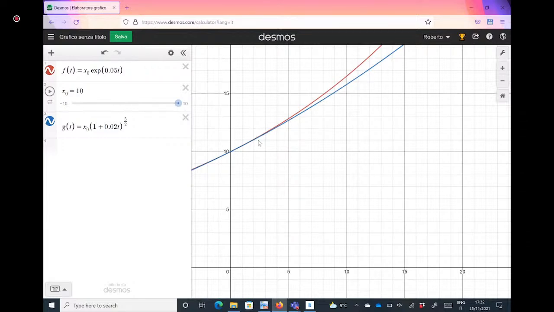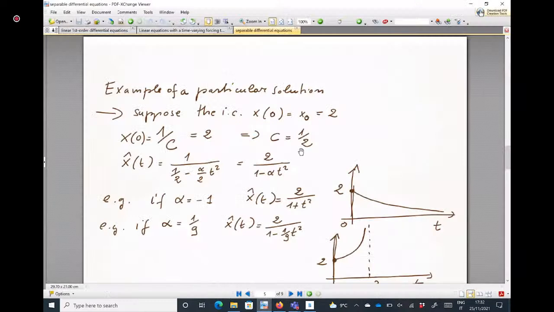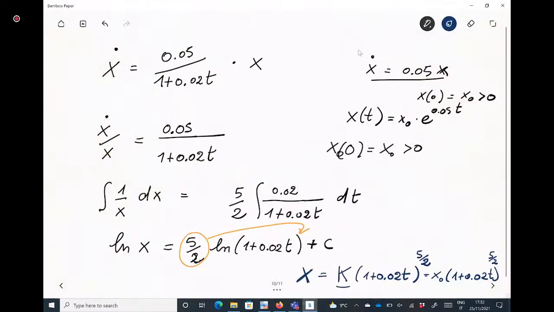So you see here the representation of the solution as the solution to a differential equation, starting from the specification of the growth rate in a case in which it is constant and another case in which it is time varying, but decreases very, very slowly over time.